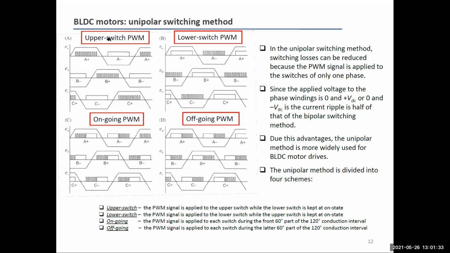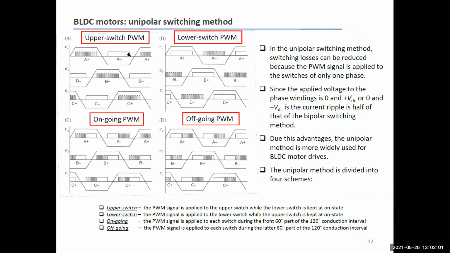They are called upper switch pulse width modulation, lower switch pulse width modulation, and on-going, off-going pulse width modulation, which are typical for the unipolar switching method. Just for understanding, let's consider the upper switch pulse width modulation and what happens in the phase that we call number 5. Operating mode number 5 is A minus C plus.